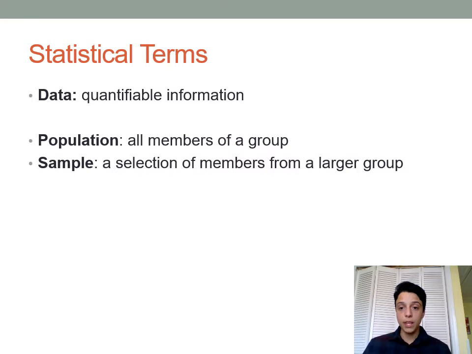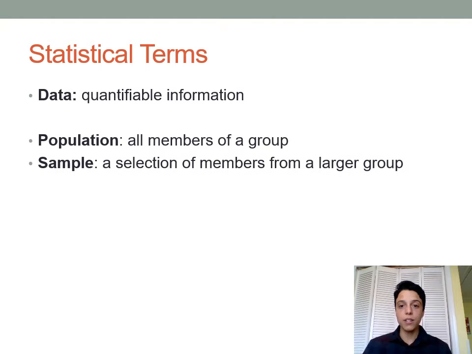So oftentimes you're going to be interested in studying some large group out there that's often pretty undefined. So all police-citizen encounters, right? That's all encounters that have ever happened, that could ever happen, that will happen, ones that are known about, ones that aren't known about. And if you're doing research, it's going to be really, really hard to study every single member of that population. So what we often do in statistics is take a sample.